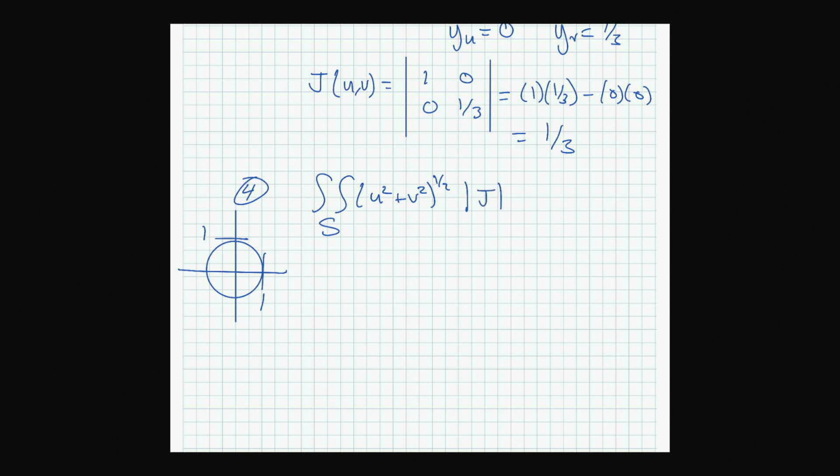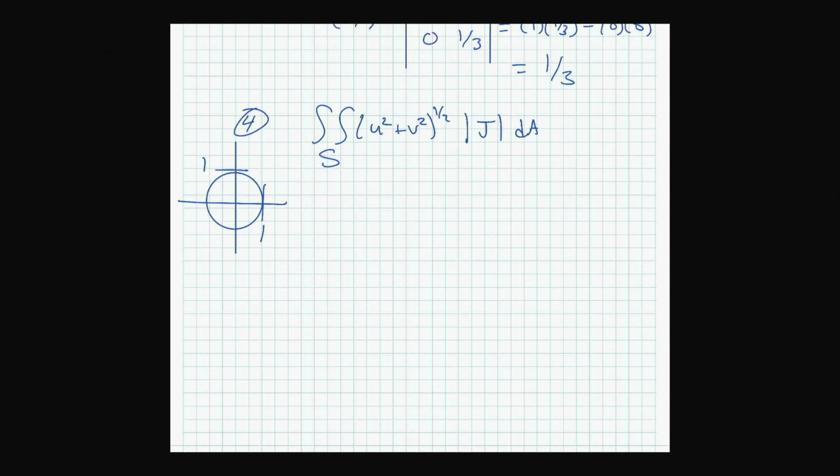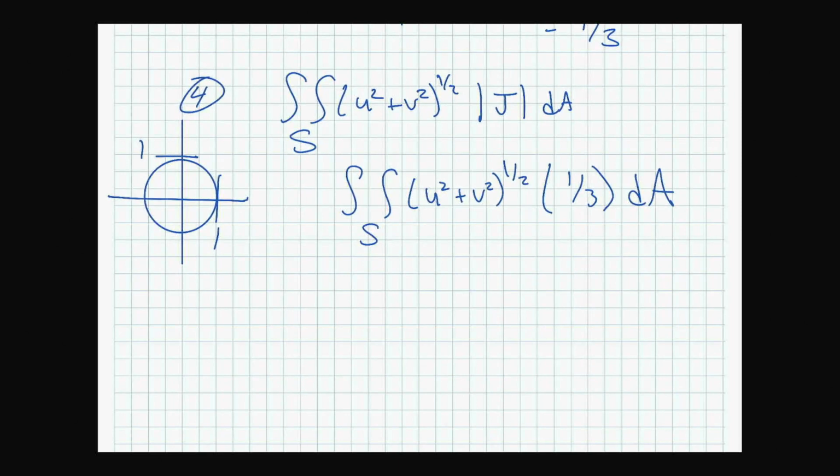Technically, we have the Jacobian and then the dA. So for us, that's the double integral over S of u squared plus v squared to the 1/2. The Jacobian was the absolute value of 1/3, which is just 1/3. And then the dA is du dv or whatever it is, but I'll also write dA. Okay, so this is my integral where this is S.